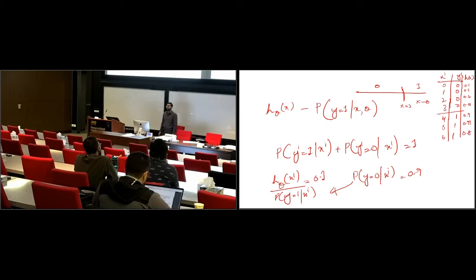Yeah, so this is a different sample. So for each sample, the probability of it belonging to all the classes should be 1. But I'm just showing the probability of it belonging to one class, which is y equal to 1. I haven't shown the probability of it belonging to class 0, which is 1 minus hypothesis of x.